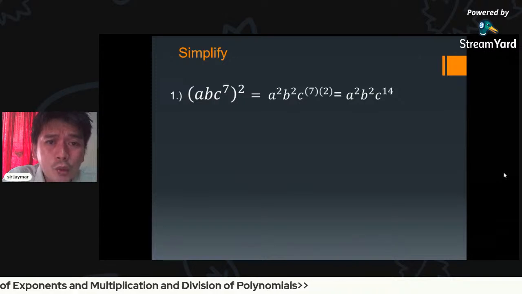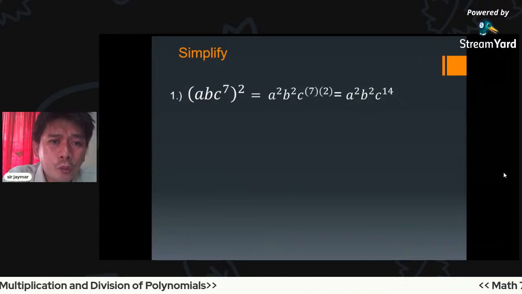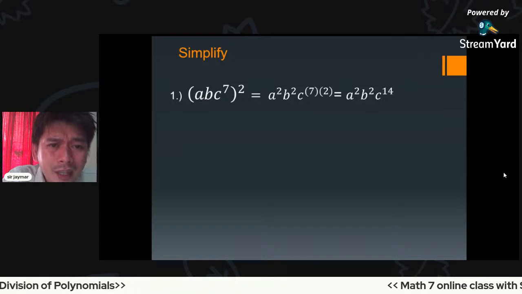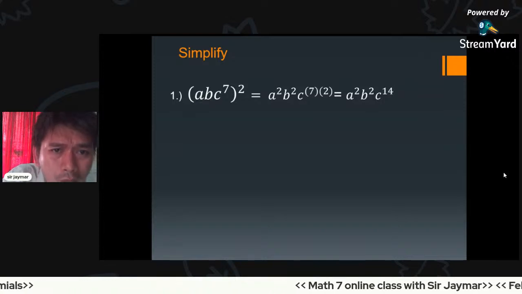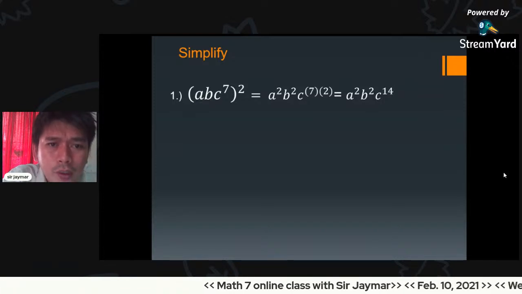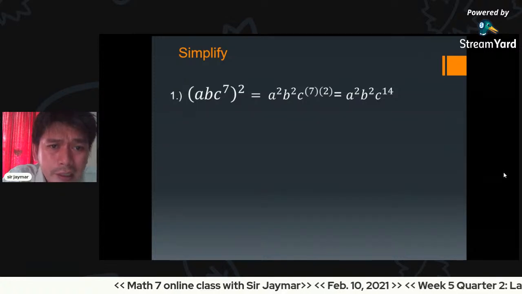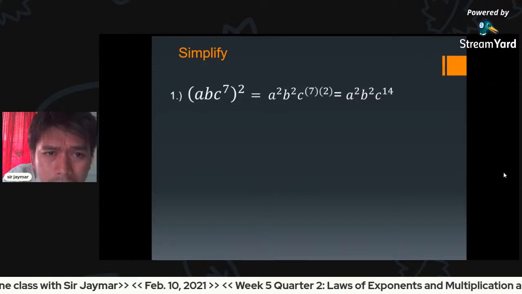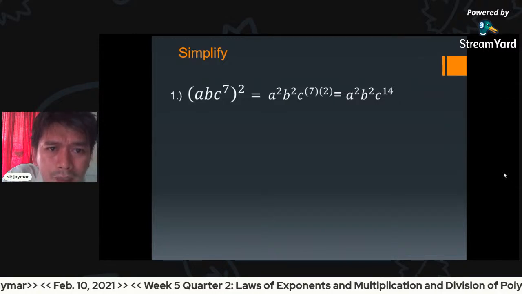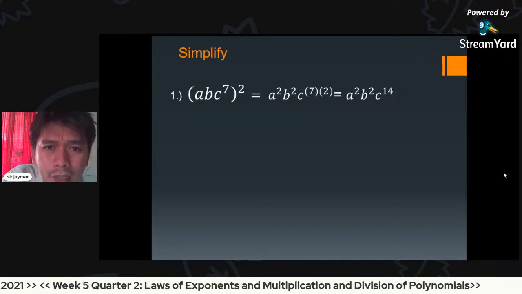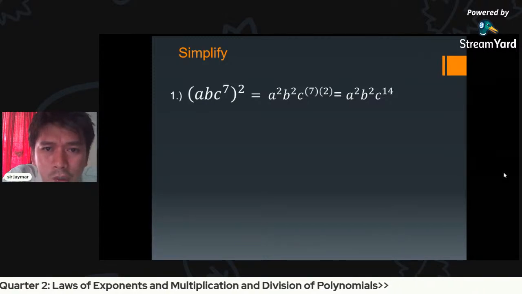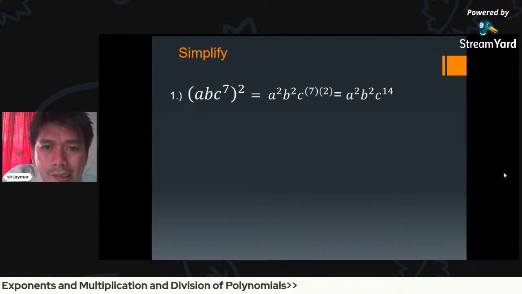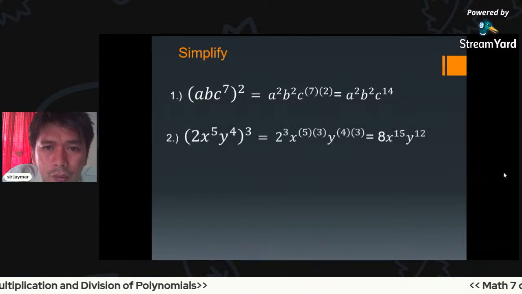So 1 times 2, it will become 2. The variable b has one exponent. So 1 times 2, again, it will become 2. Then the remaining variable c has a 7 exponent. Multiply it by 2, it will become 14. So the final answer will be a squared, b squared, c raised to 14.